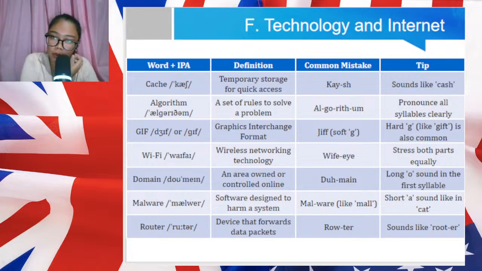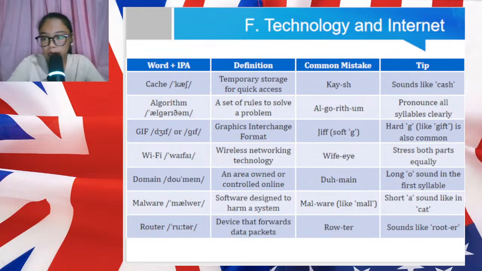I think people mispronounce it because of its spelling. But we should be reminded that it should be pronounced as easy as we can, like cash, like money. So yes, that's basically how we say it. Very simple. Cash.